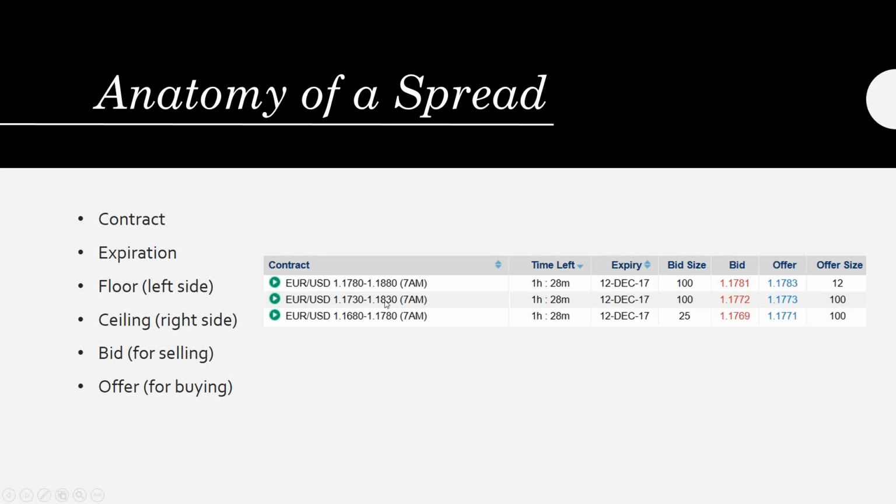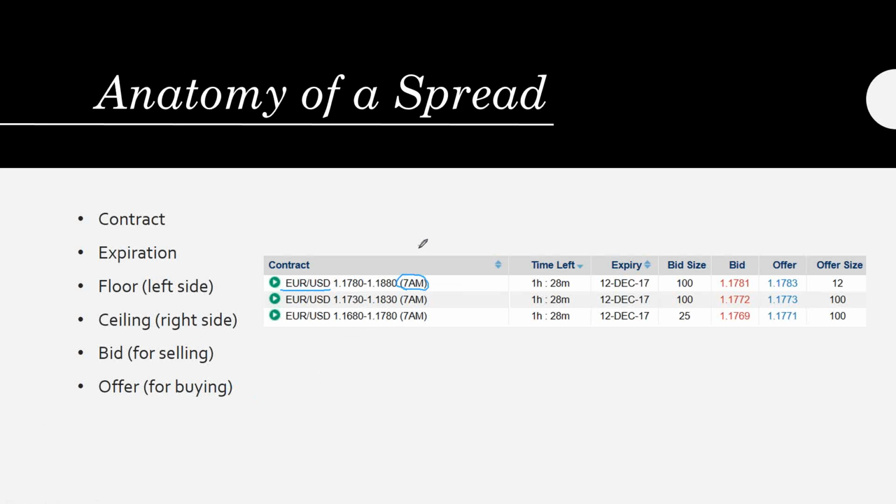Now, let's go through the anatomy of a spread, and you'll see some similarities here, but then you're going to learn how they are different. First, you have your contract, which in this case is the euro US dollar. Then you have your expiration over here at the end.